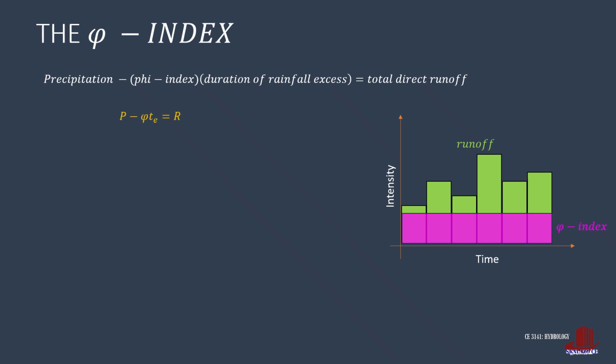This is written as P minus phi times T is equal to R. By transposing R and phi times T to the opposite sides, then dividing the expression by the time, we take the phi index as the difference of the precipitation and runoff all over the duration, or that is (P minus R) over T. And since there are different entries at various times, we can write the runoff as the summation of (P minus phi) times the duration.